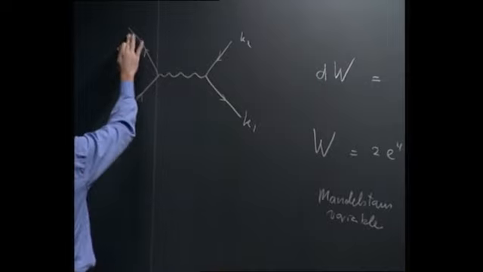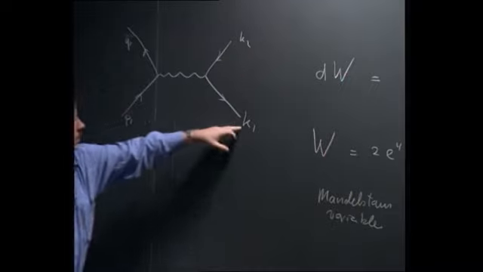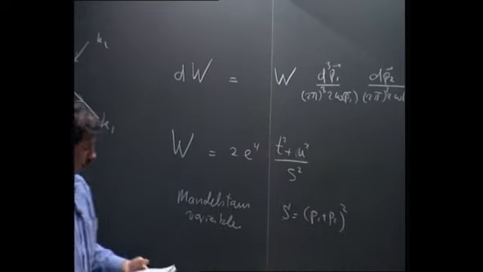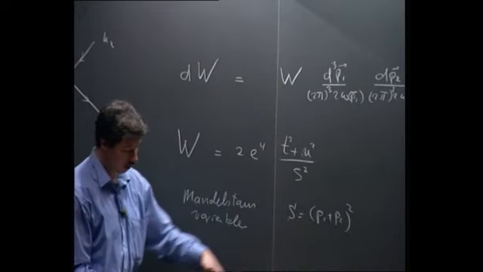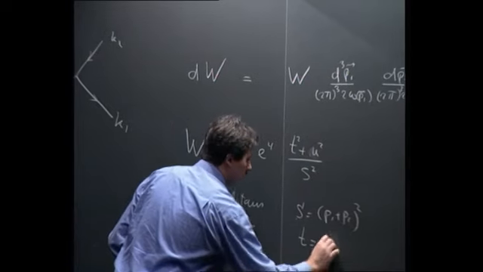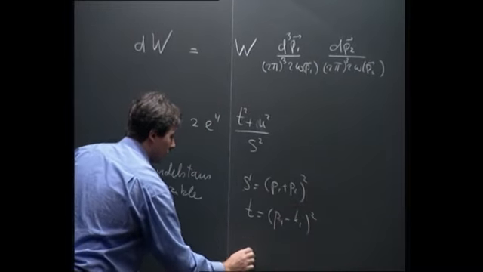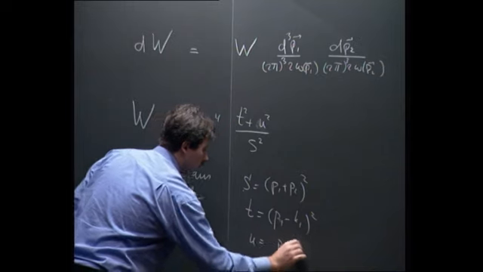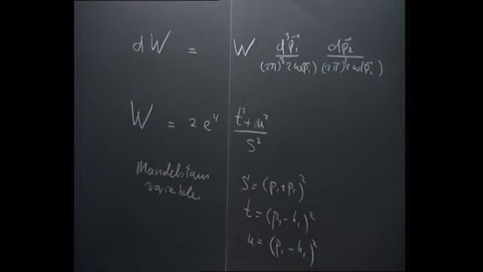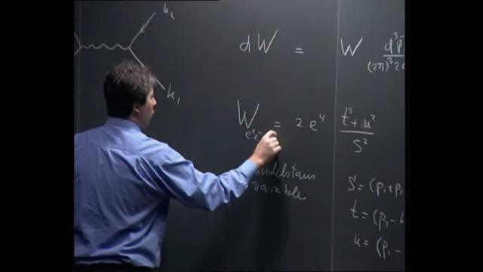I'll leave out the arrow, so I'll think of those as being four momenta. So I include the four momentum P1 plus P2 squared, and so this is a Lorentz invariant expression. Similarly we have T, which is P1 minus K1 squared, and U being P1 minus K2 squared. So this is the expression for W for the process e plus e minus gives you mu plus mu minus.